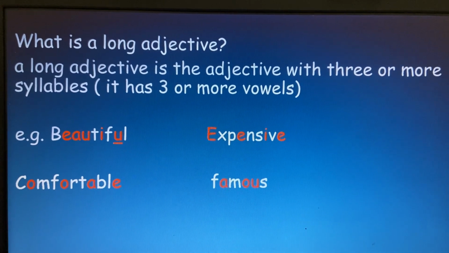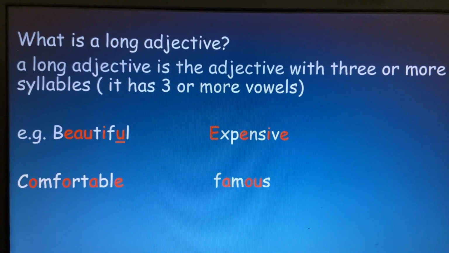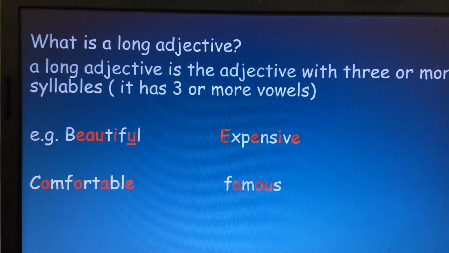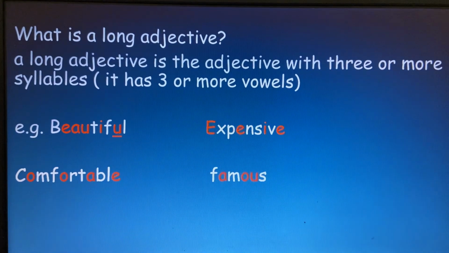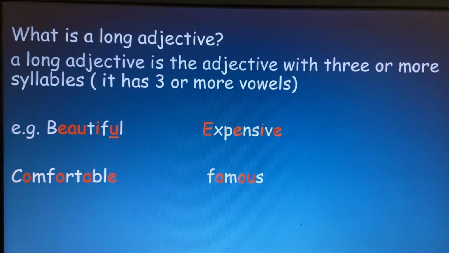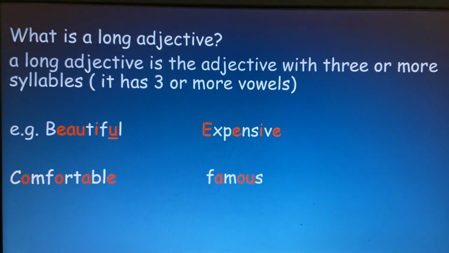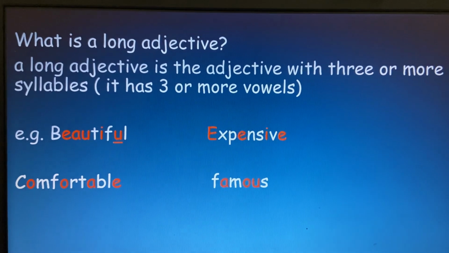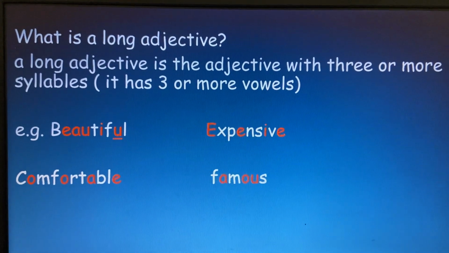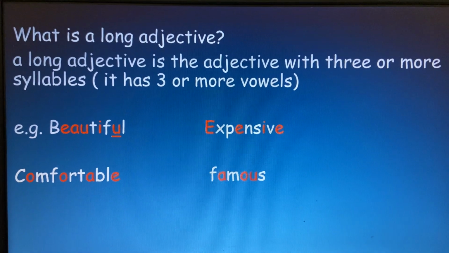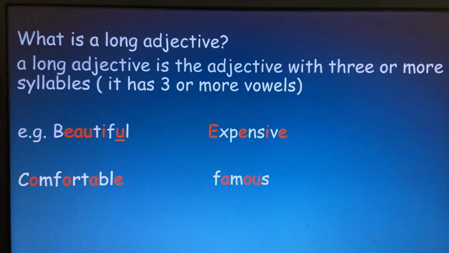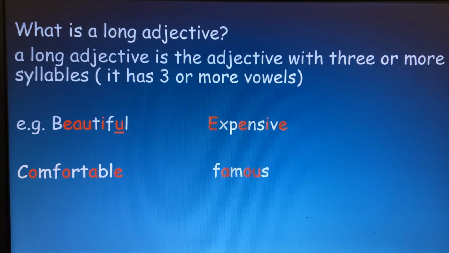The adjective comfortable has 4 vowels. The last one, famous. Famous has 3 vowels: A, O, U.